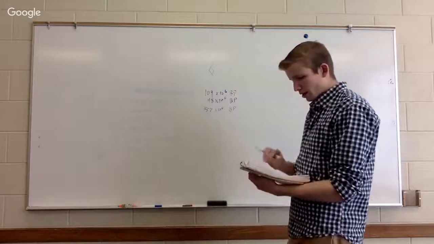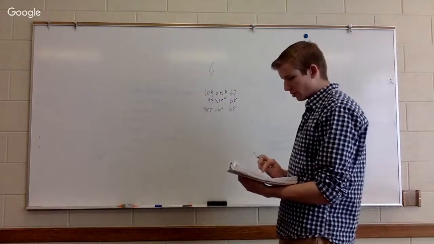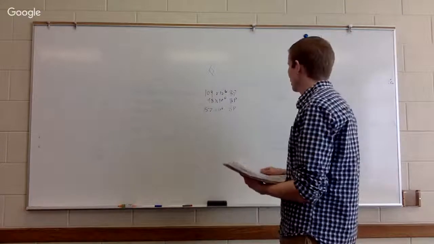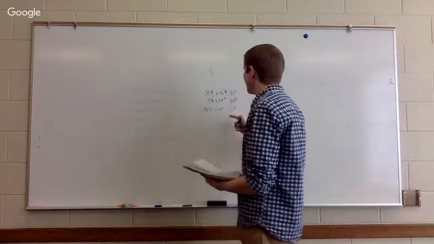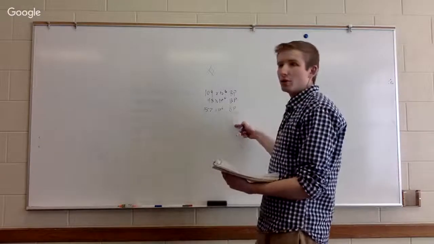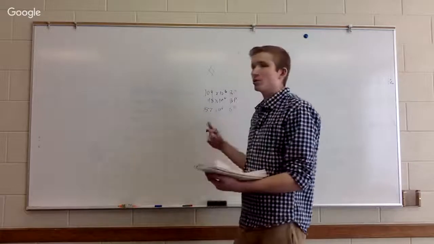And so for A, we're trying to figure out how long the DNA is in meters. When we're changing this to meters, we know that the distance between base pairs is 0.34 nanometers.